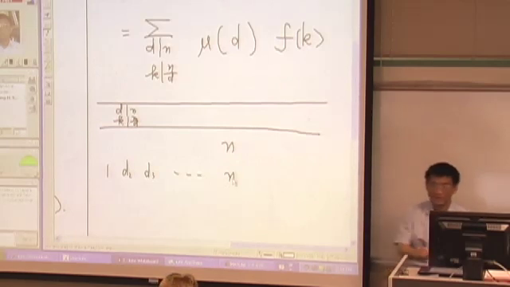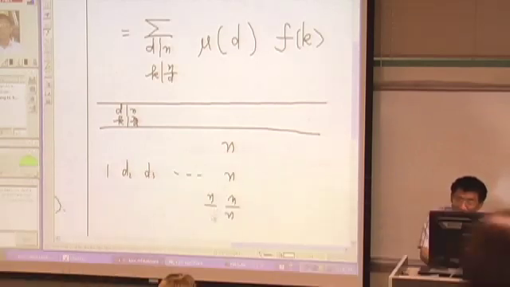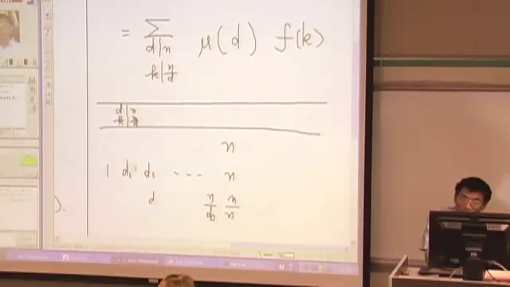But now reverse it. N over d3, n over d2, and then n over 1.